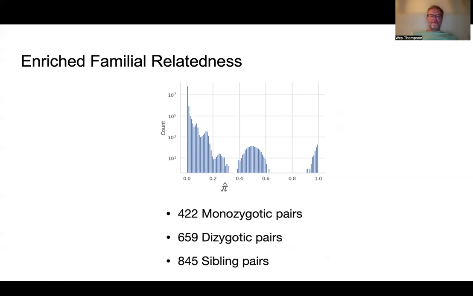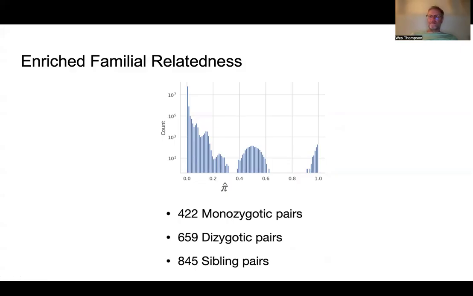In the middle here, between 0.4 and 0.6, is the range at which you would see full siblings. So that would be the dizygotic twin pairs plus the other sibling pairs. And the rest of it could be first cousins, second cousins, and people who are completely unrelated to each other.